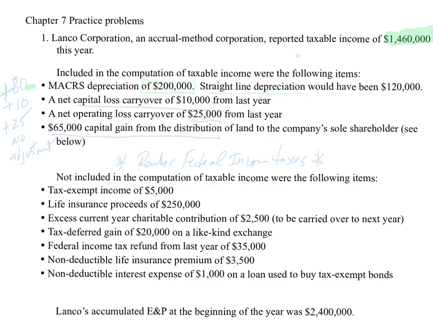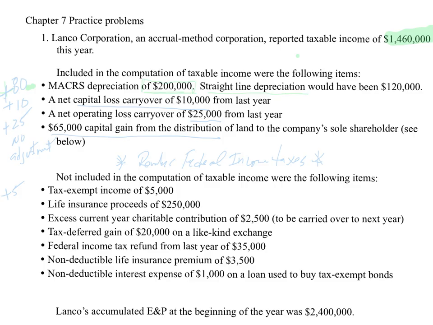All right, so now we've got tax exempt income. We know that was not included in taxable income, but that's certainly going to help our economic situation. So we have to add that. Life insurance proceeds of $250,000.